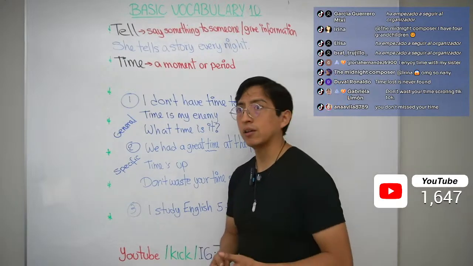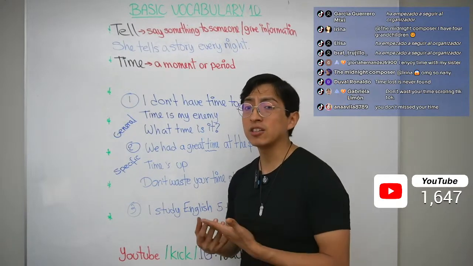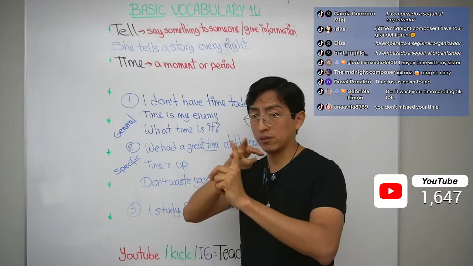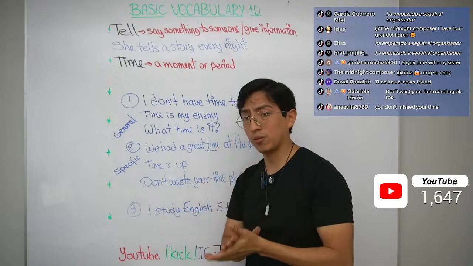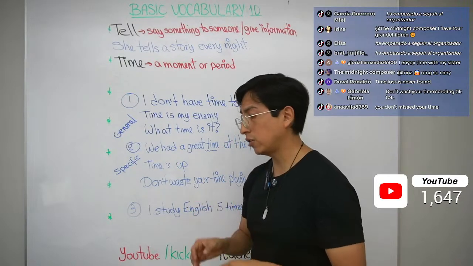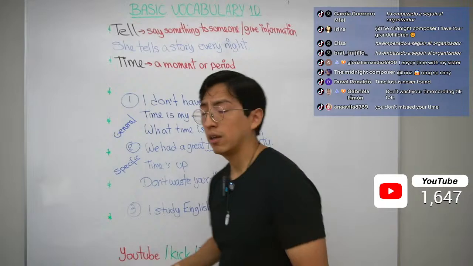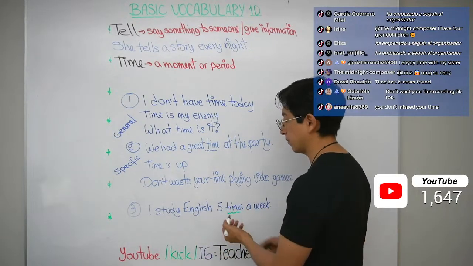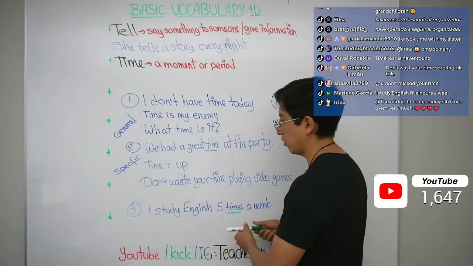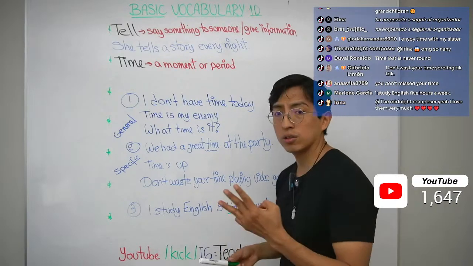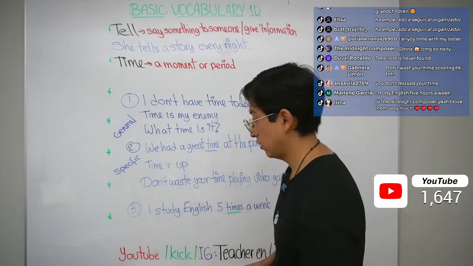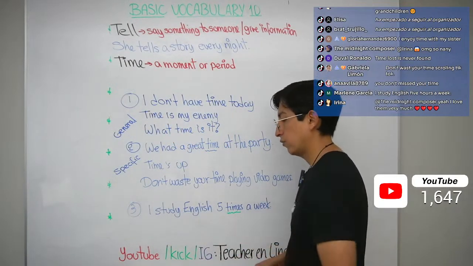Or maybe you can say, we have English classes 3 times a week. Mondays, Wednesdays, and Fridays, right? So remember, we can use times here too, but here the meaning is a little different. We're talking about 3 moments, 3 opportunities, or 5 occasions. So you can use it this way, 5 times a week.